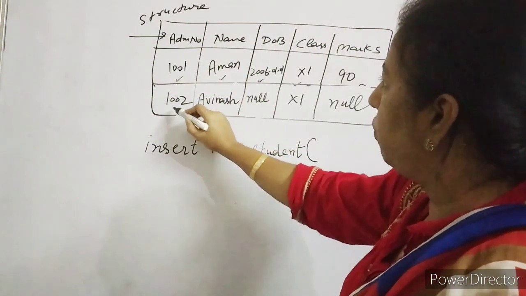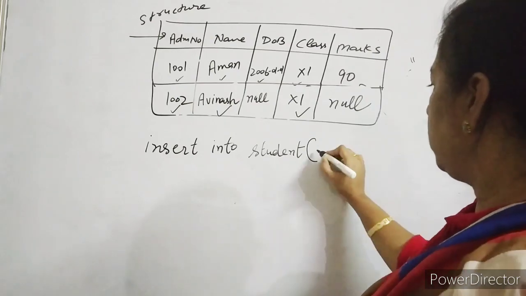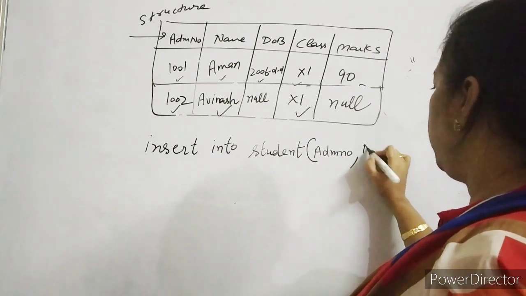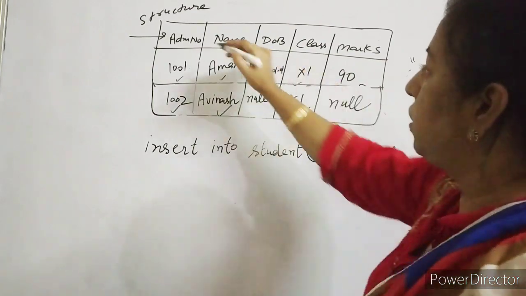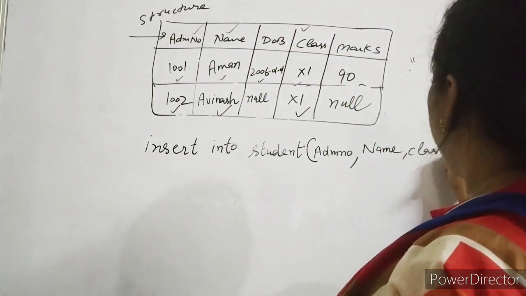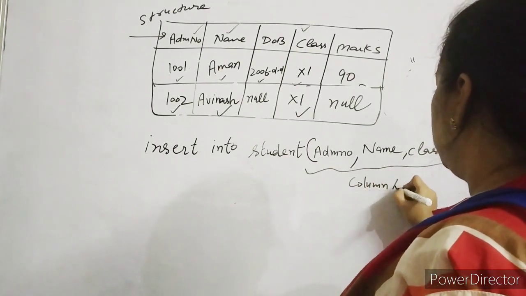I want to insert the value in admission number, name and class. Write here the column list. The names should be the same as in the structure. Clear? This is called the column list.